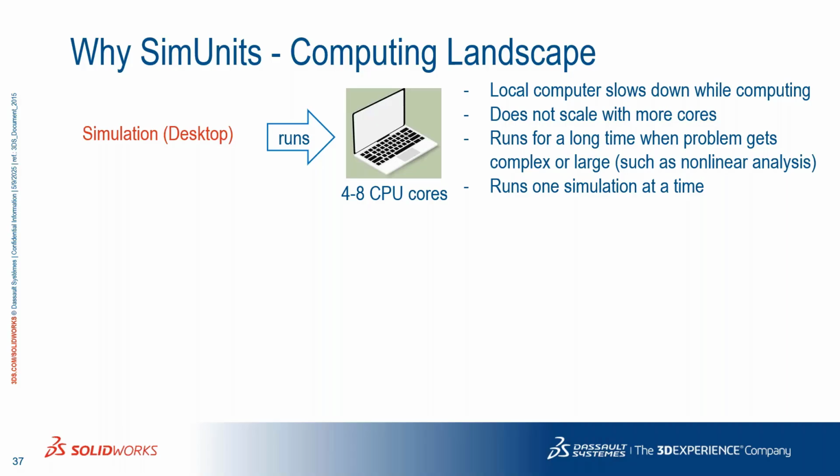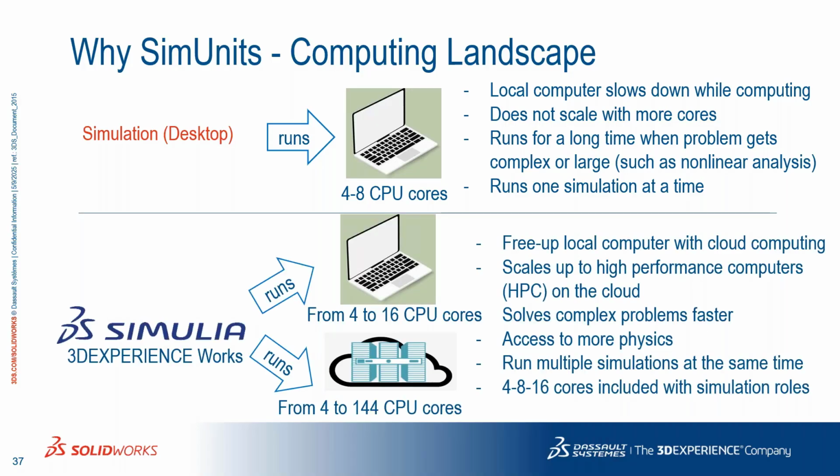As an alternative, 3DEXPERIENCE SIMULIA or 3DEXPERIENCE Simulation provides you an option where you can run the same analysis. If I talk about the structures part, it is 4 to 8 cores on your local system, or 8 to 144 cores on the cloud.